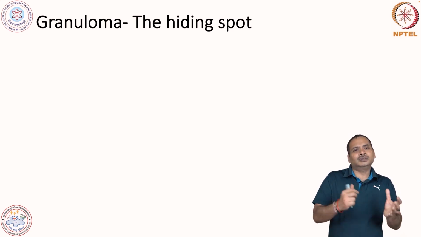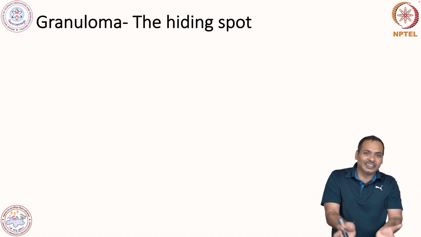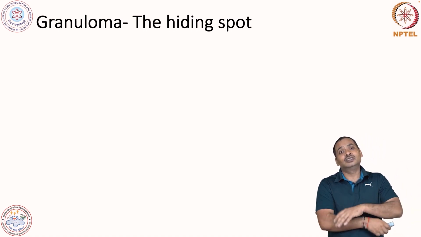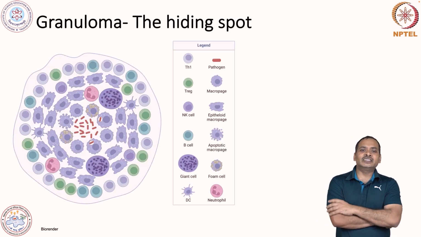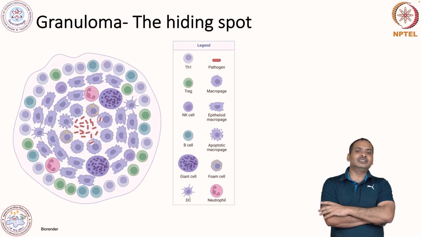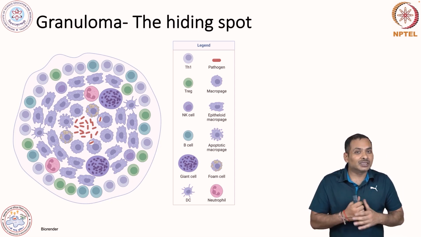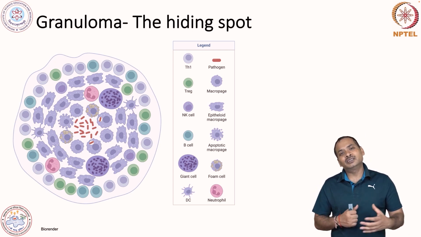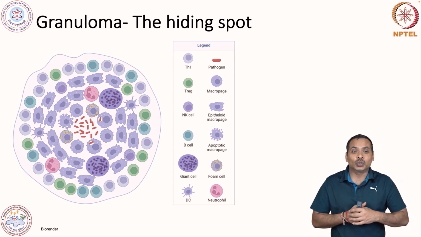Here you can see this structure of the granuloma, which from the host side is a kind of containing of the infection, and for bacteria this is a kind of hiding spot as well. Here you can see that all these cells are there. There is a Th1 cell. You may remember that Th1 plays a very important role against intracellular pathogens, so there will be a lot of Th1 cells.